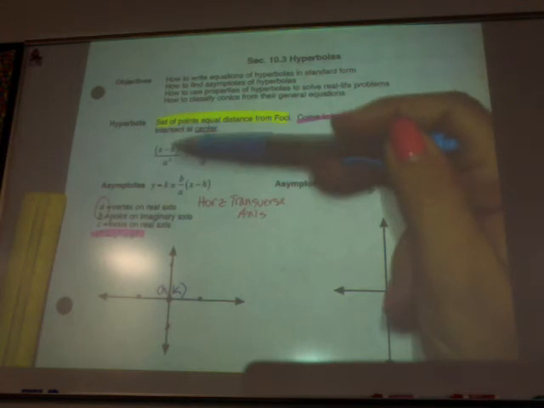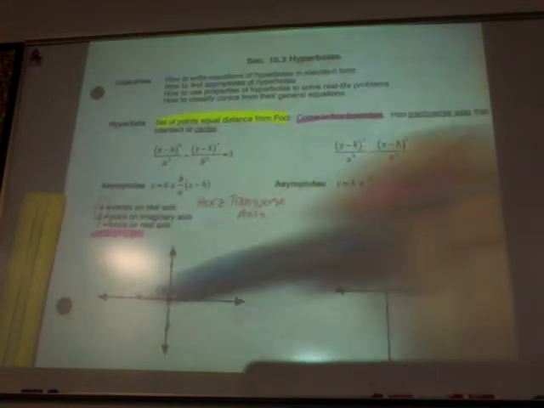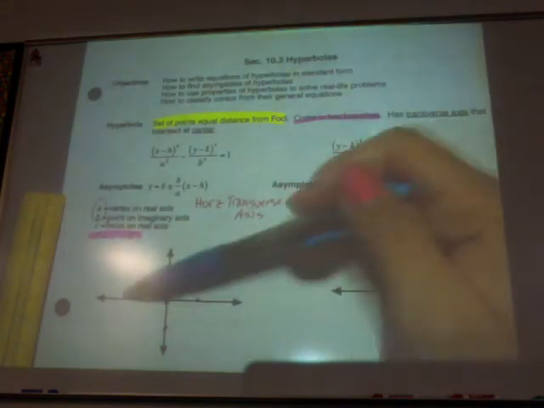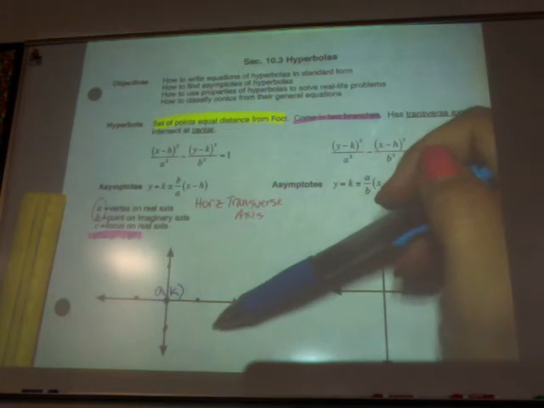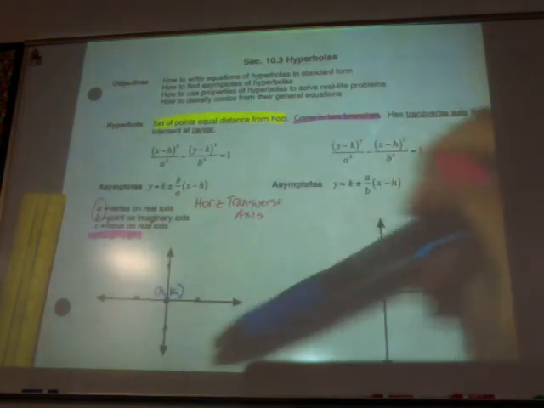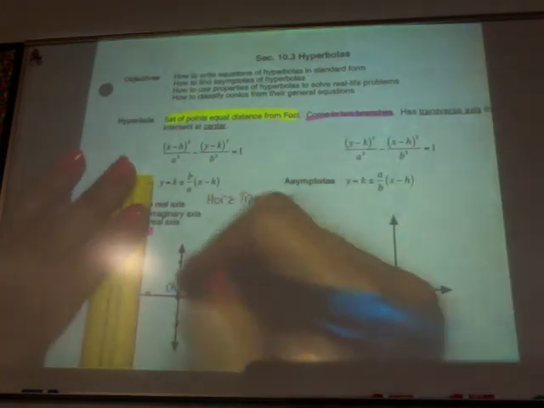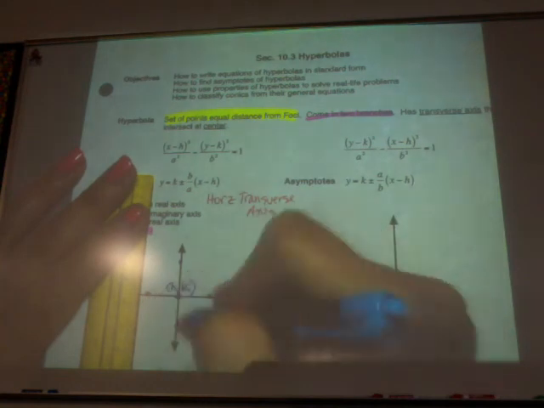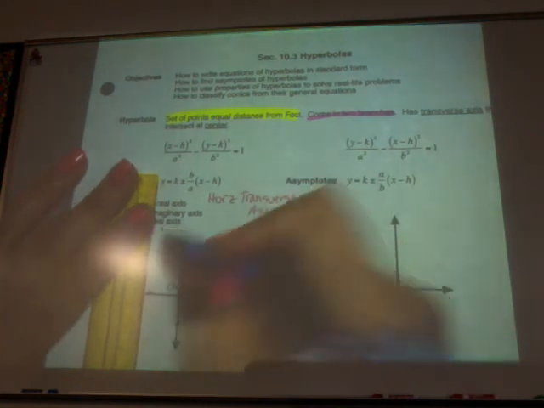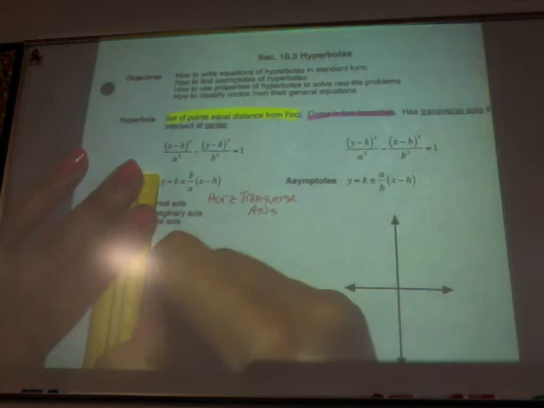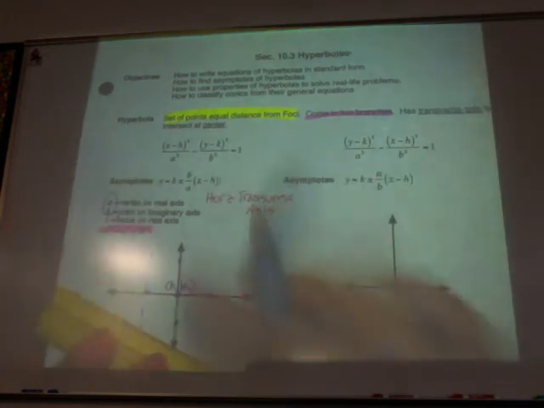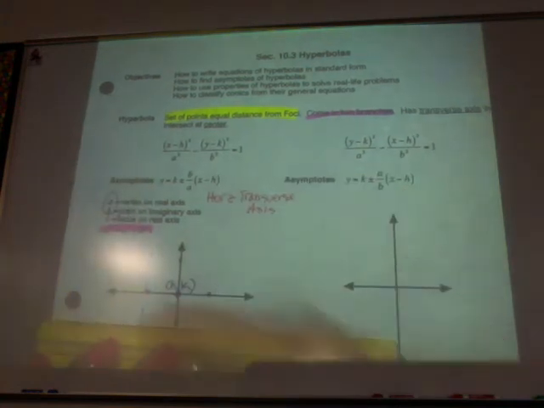So if your A squared is underneath the X, your transverse axis should go in the direction of the X. It may be the shorter one. It might be the longer one, it doesn't matter. But what you're going to do once you get your 2A here, and your 2B here, you're going to draw a box, or a rectangle.